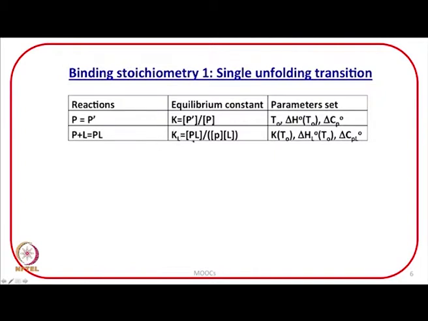KL is equal to the concentration of PL divided by the concentration of P into the concentration of L. And we can also get the parameter set: the values of K at T0, delta H L associated values at T0 and delta Cp L values under standard state conditions.